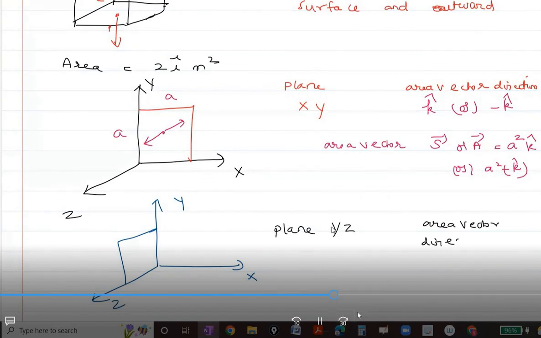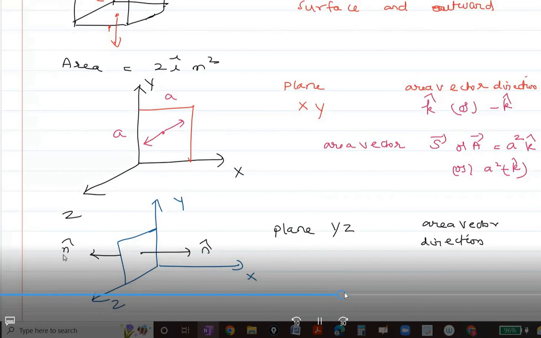Tell me, any one of you. The YZ plane has the x-axis perpendicular, either positive x-axis or negative x-axis. Both are okay. So you can take minus i cap or plus i cap. Plus i cap means you are representing the positive x-axis. Minus means you are representing the negative x-axis.